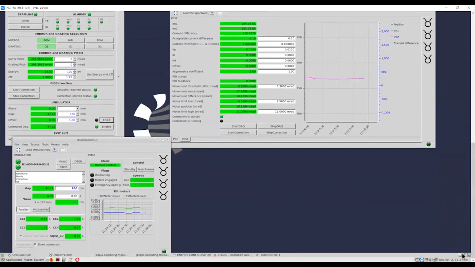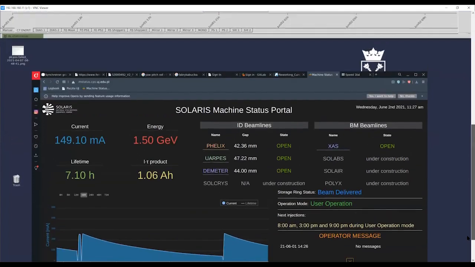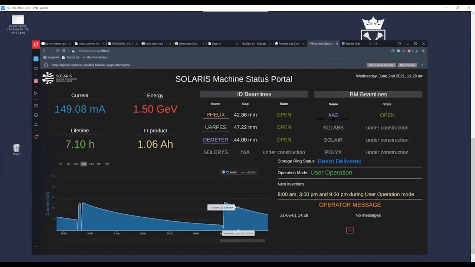Also, we see the beam status from our synchrotron, and messages from the operator from the control room. And here we see the status of the beamline, and we also see the undulator gap, and of course the current and the energy, important parameters for the beam in the ring.